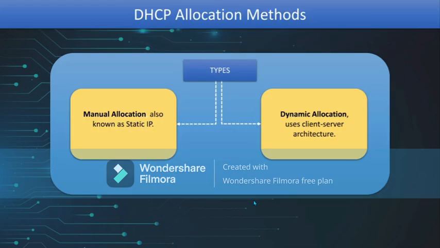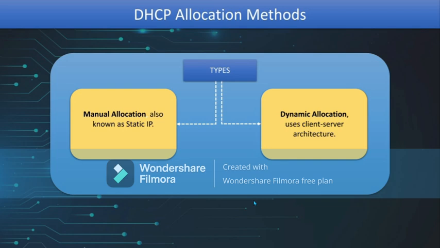Next are the types of DHCP allocation methods. Two types of allocation are available in DHCP: first is manual allocation, and the other is dynamic allocation.